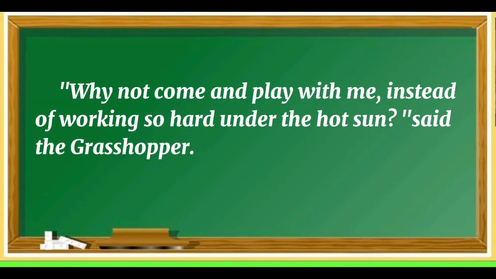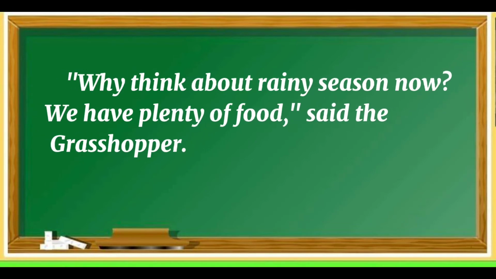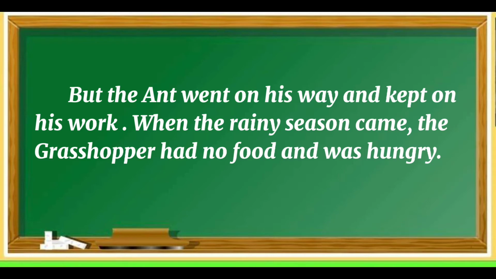"Why not come and play with me instead of working so hard under the hot sun?" said the grasshopper. "I am helping my mother to store food for the rainy season, and you should do the same," said the ant. "Why think about rainy season now? We have plenty of food," said the grasshopper. But the ant went on his way and kept on with his work.